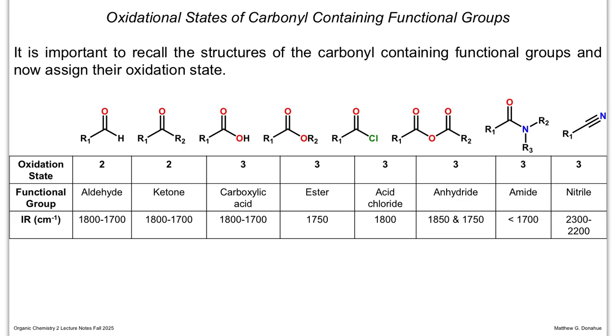So here's really what we're looking at for this sort of regime of making alcohols from carbonyl compounds. These are the ones that you know. So there's a line. To the left, we have the two functional groups that we know are at oxidation state 2, aldehyde and ketone. And then the third row in that table is showing us the main IR location of the carbonyl stretch.